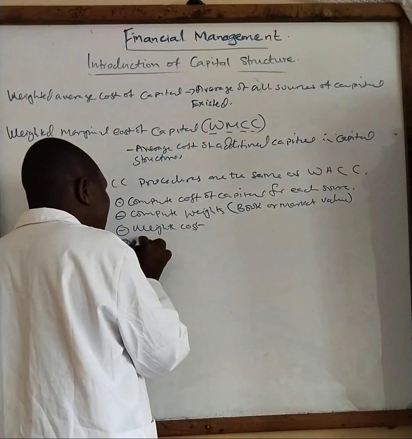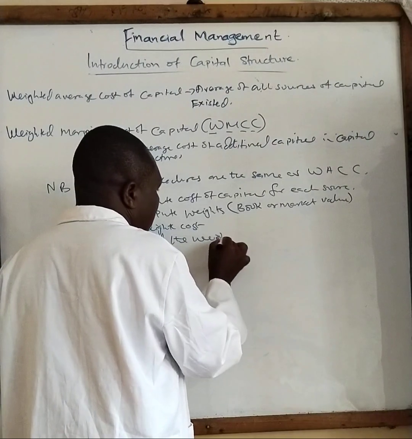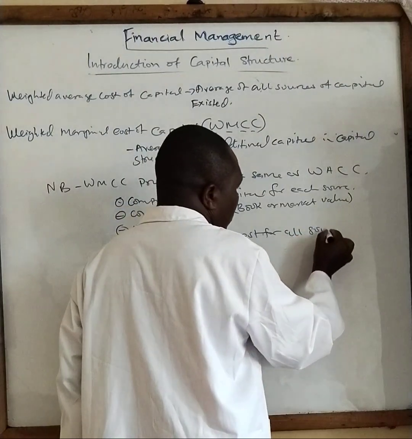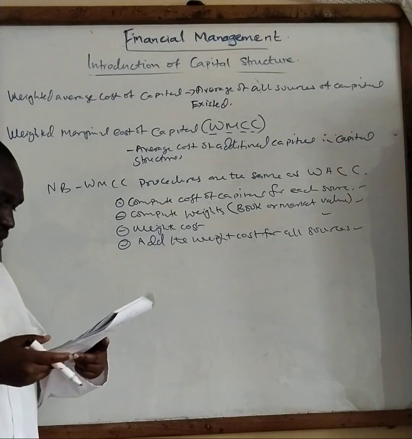Then the last one, number 4, add the weighted cost for all sources. That is how you are supposed to compute.